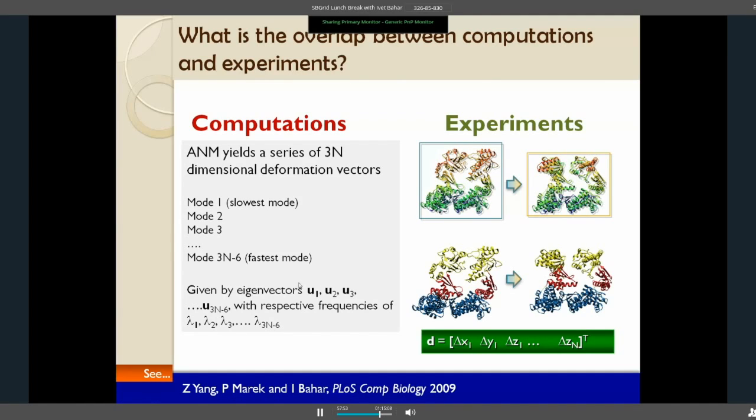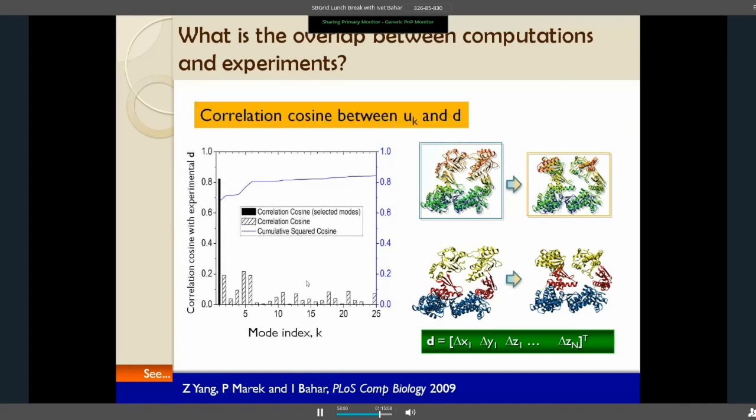These easiest modes of motion are the soft ANM modes, and we would like to see that those soft modes indeed agree with experimentally observed changes. Here is the result for that particular system. You have the mode index and how much each mode correlates with the experimental change. You can see that in this case, the first mode yields a correlation of about 0.8. This is a spectacular result.